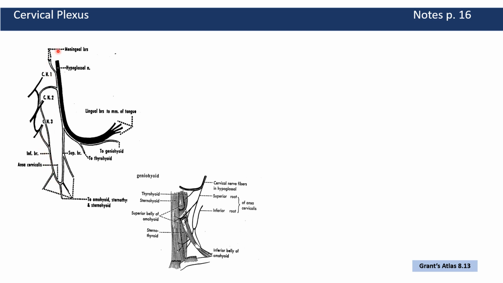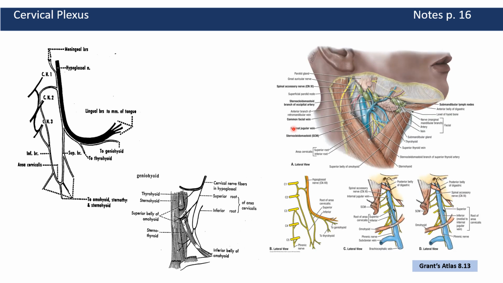There are other branches that participate, but they are not a part of the loop. So for instance, the meningeal branches shown up here, which are going external to the meninges, ascending in the neck, and then you have the C1 fibers that innervate the geniohyoid and the thyrohyoid that again are also not part of the ansa cervicalis.